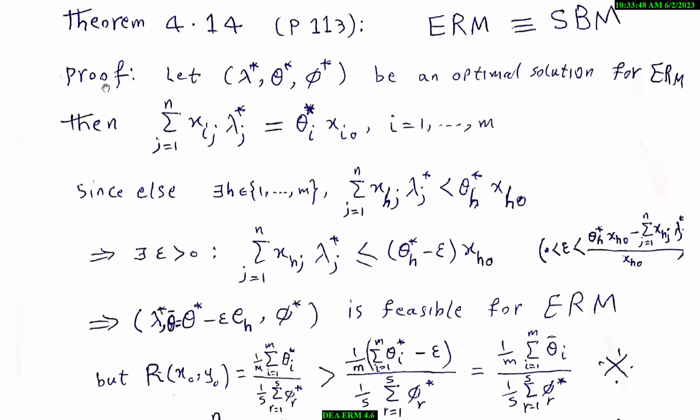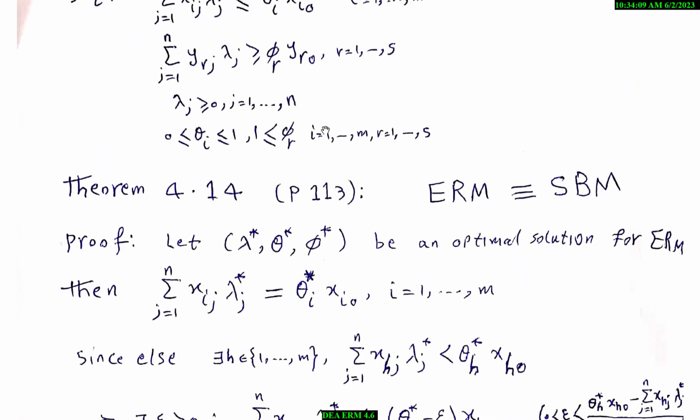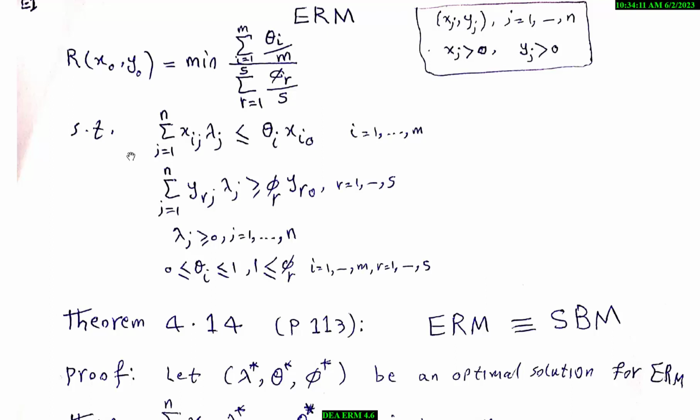For the proof, let lambda star, theta star, phi star be an optimal solution for ERM. Then the main constraints are in equality for the optimal solution, the main constraints of this model.